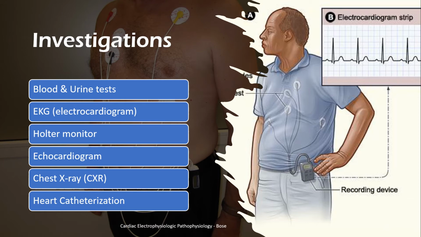However, for untraceable arrhythmias or ECGs that fail to demonstrate a pathology, a prolonged ECG recording can be done over a period of time, and that is called a Holter monitor. Additional tests that can be done in this area are also listed, but the two most important tests are ECG and Holter monitoring.